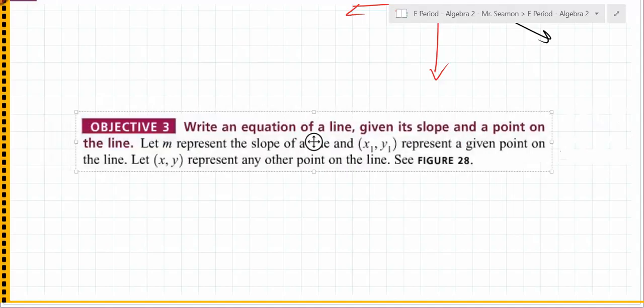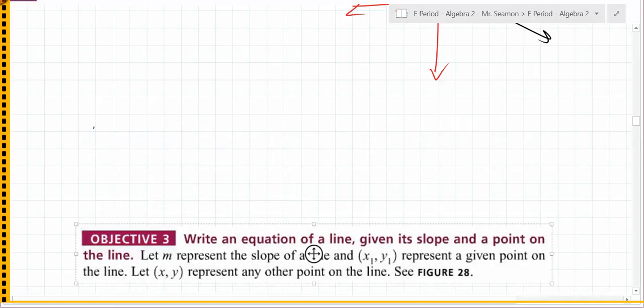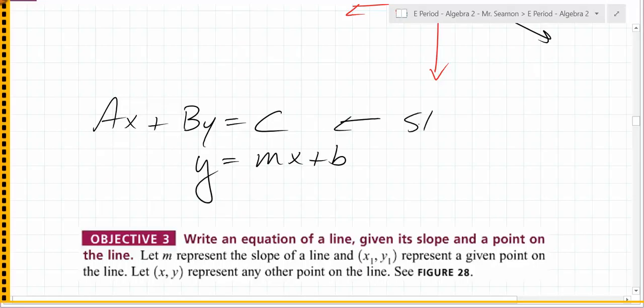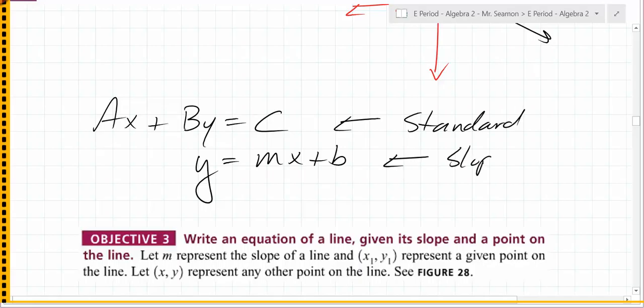So here's where it gets a little bit more fun. This is where you learn something that looks kind of complicated, but it's actually super helpful. Let's review for a second. Standard form was ax plus by equals c, and slope-intercept form was y equals mx plus b. There's a time and a place for standard form.